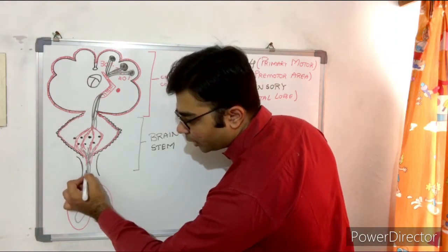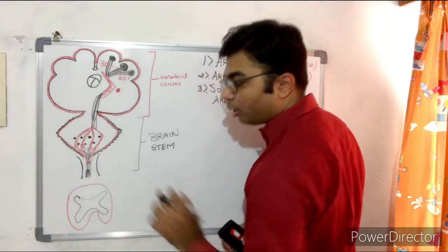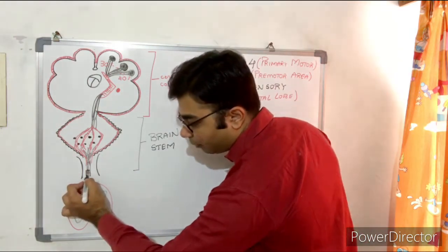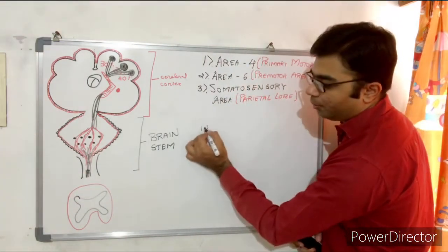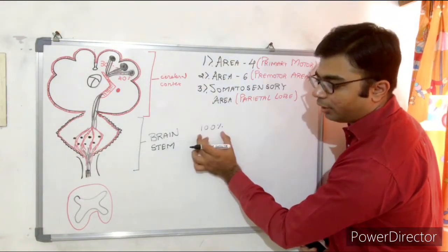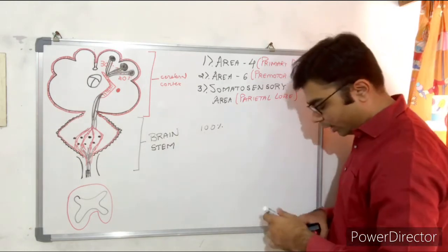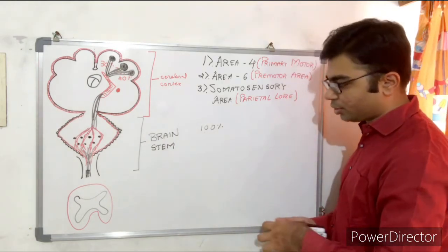When they reach the lower border of the medulla oblongata, fibers are unequally divided. Unequal means, suppose 100% of fibers are coming up to the level of the medulla oblongata. Now they are divided 80-20%.